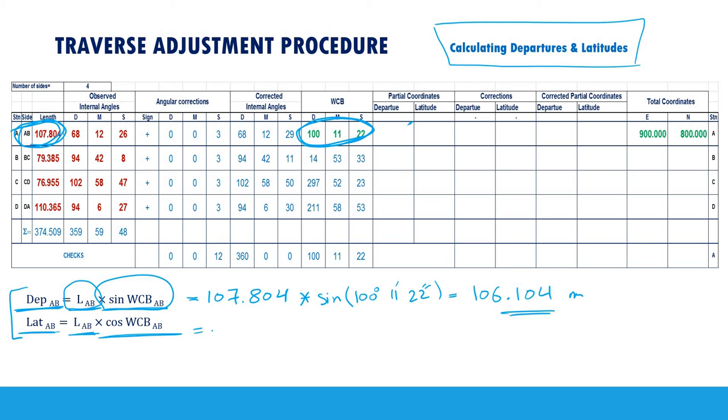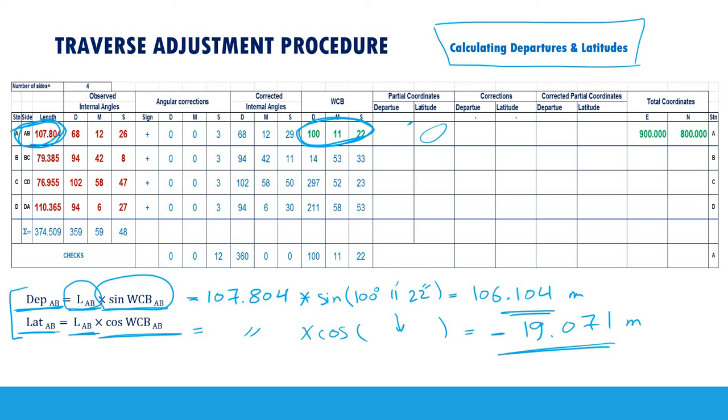And similarly for the latitude, it would be the length of AB, the same length here, times, instead of sine, we will use cosine, the same angle here, and then we will get the value minus 19.071 meters. So this is the latitude of AB. It would be written here.